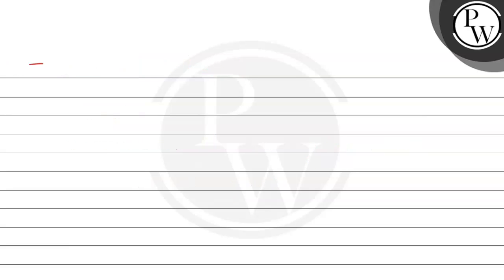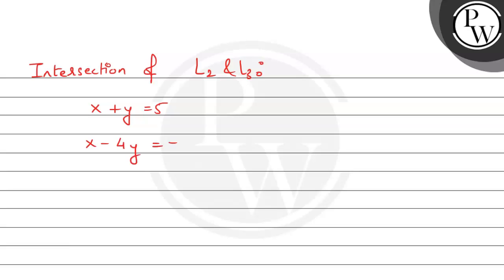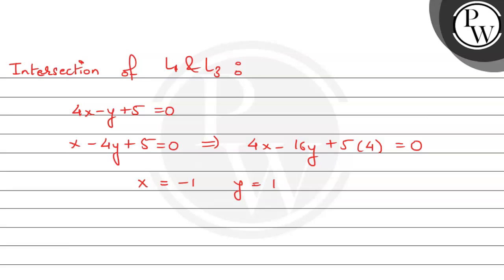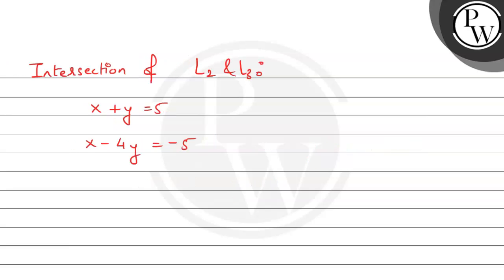Now let's get the intersection of L2 and L3. The equation of L2 is x plus y equals 5 and the equation of L3 is x minus 4y equals minus 5. Solving these two equations simultaneously, we get y as 2 and x as 3.